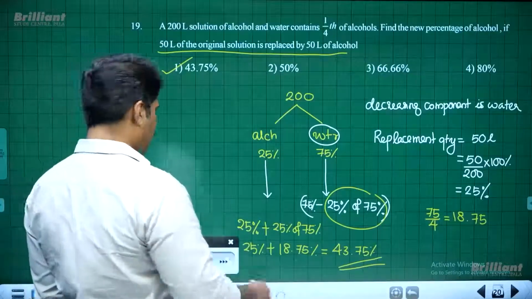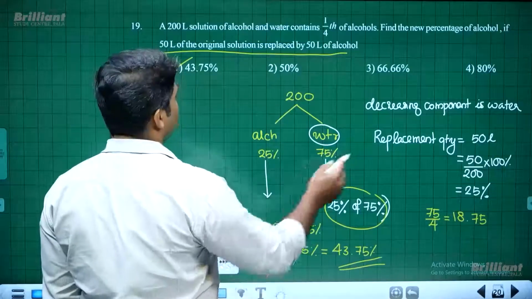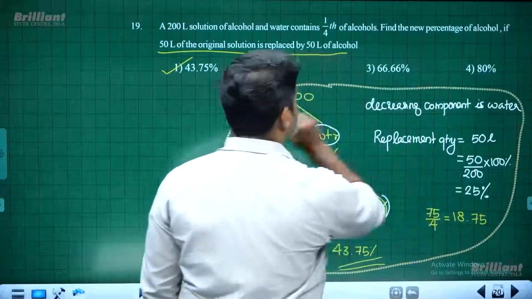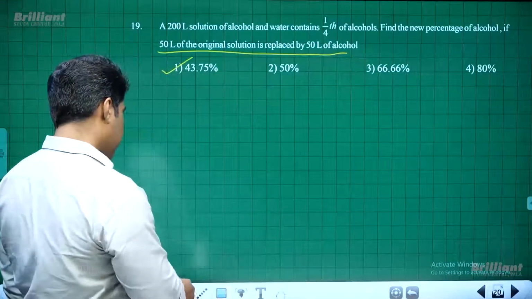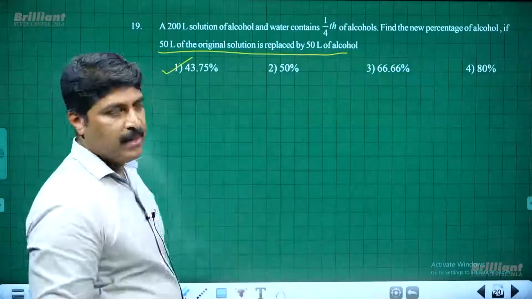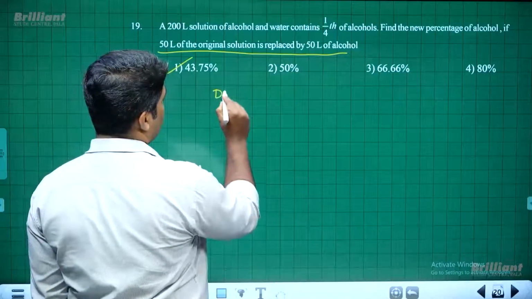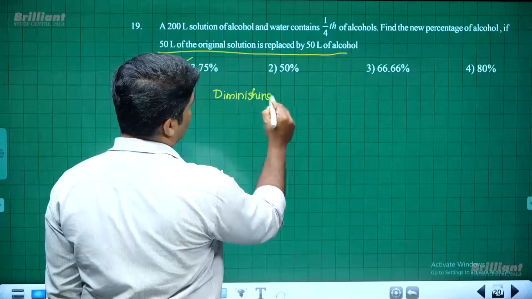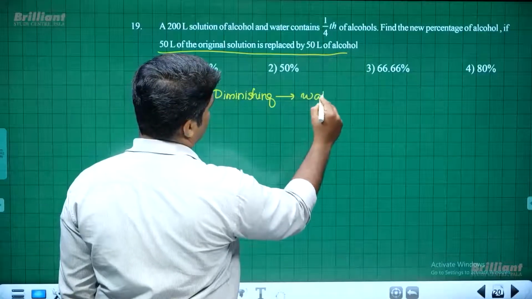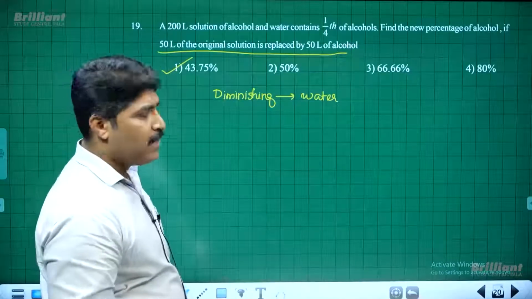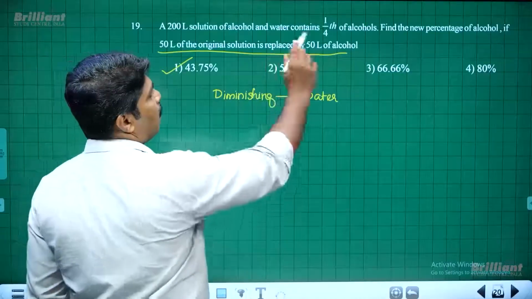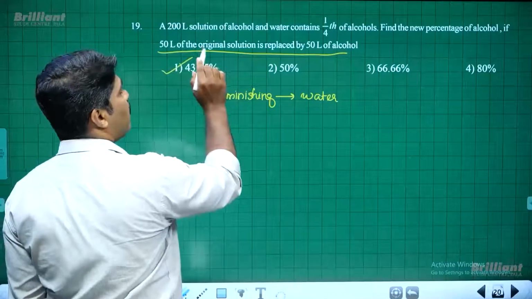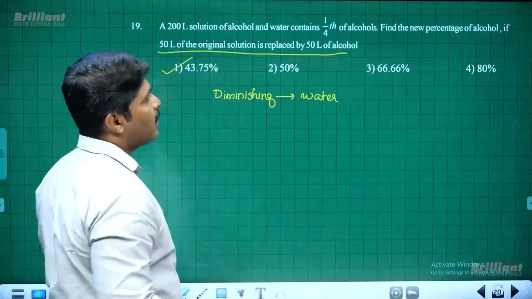I will teach you another method also for these types of questions. You simply consider another type of operation here. So focus on the diminishing component. That's the basic rule for these types of questions. So what is the diminishing component here? That is water. What diminish occurred there? We know that 1/4 of the quantity is replaced, so 50 liter is replaced out of 200 liter.